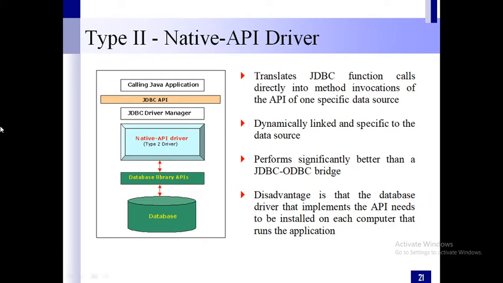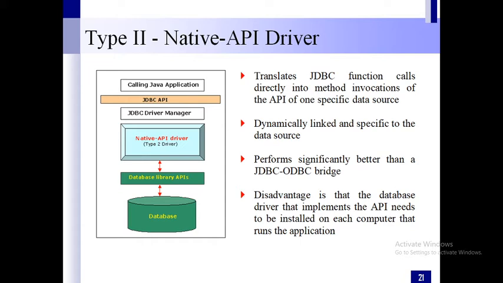This will be done during runtime. At runtime it will check which database it has to be connected to, whether it is Oracle or Apple or MS SQL or Sybase. Depending on that, it will translate the API to the DBMS specific function calls.